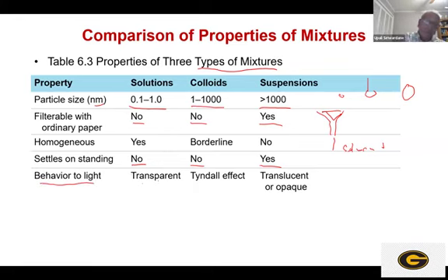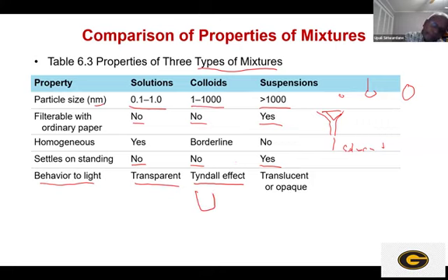Behavior of light. True solutions are transparent. The scattering of light when passing through a colloid solution is called the Tyndall effect. We are going to talk about it.